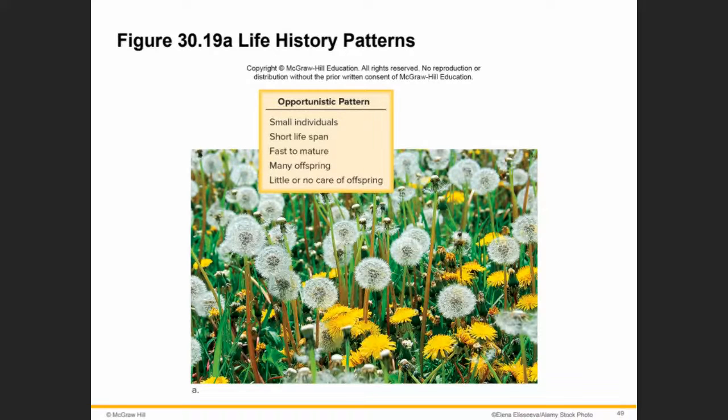So the opportunistic patterns: small individuals, short lifespan, fast to maturity, many offspring, and little or no care of the offspring.